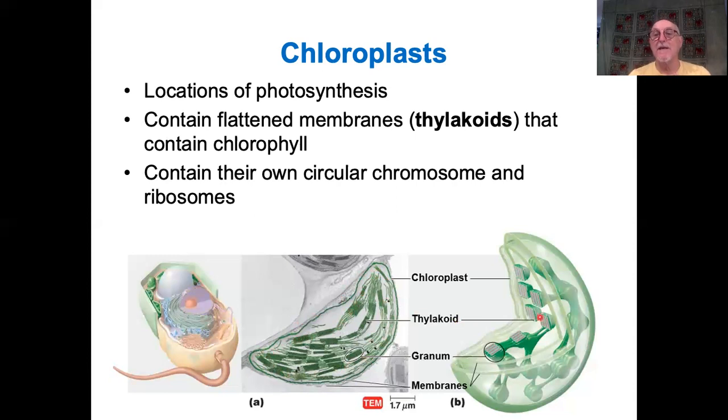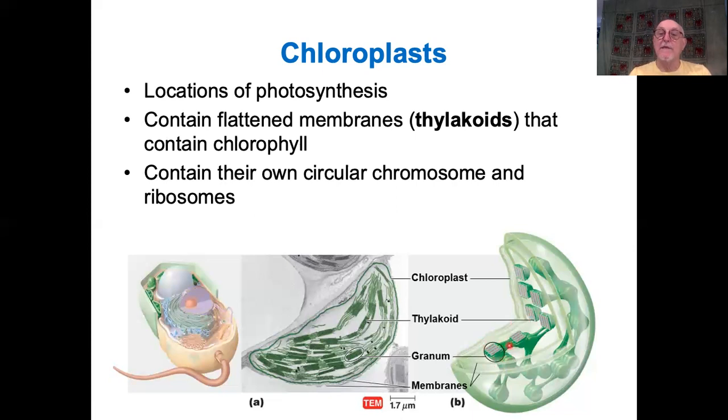You will see that some of them are stacked envelopes formed from this inner membrane. These are called the thylakoids, and thylakoids pile up one on top of the other to form this unit here, which is called the granum. So thylakoids, individual envelope sheaths there, then piled up, they form the granum.